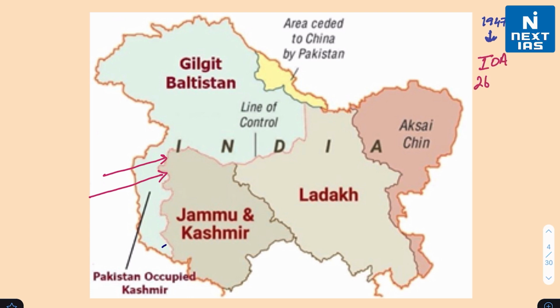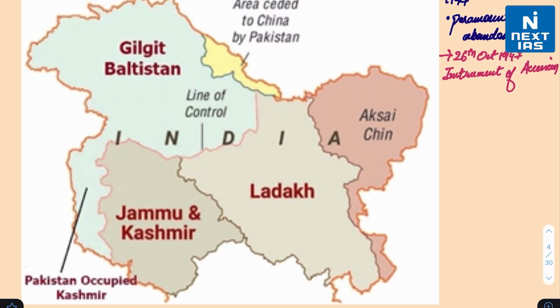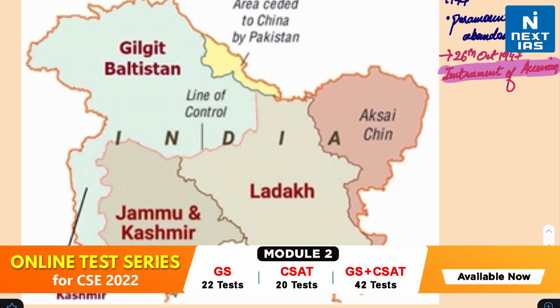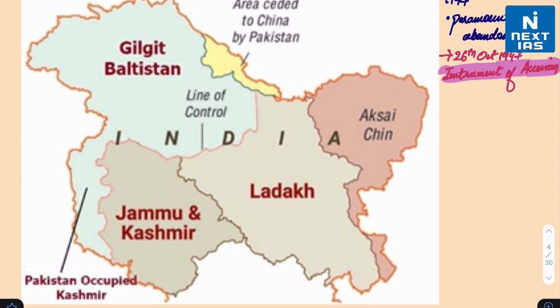So on the 26th of October 1947, the instrument of accession was signed. Under it, J&K was officially acceded to India, and India was handed over the defense, communication, and external affairs of Jammu and Kashmir. Indian forces were sent that defeated the Pashtun rebels on this front.